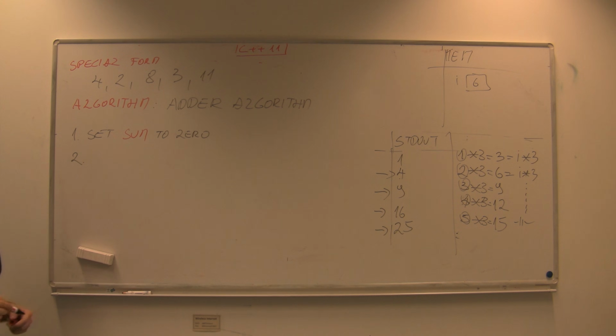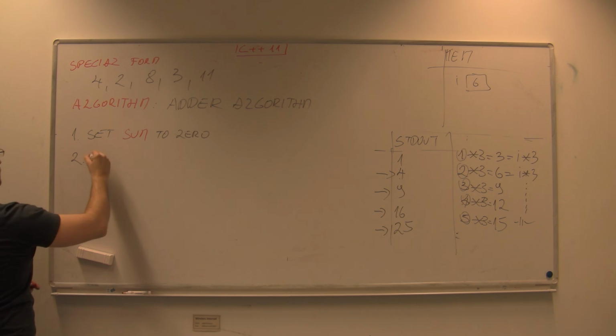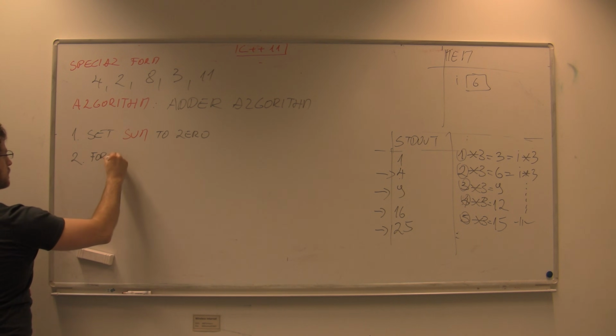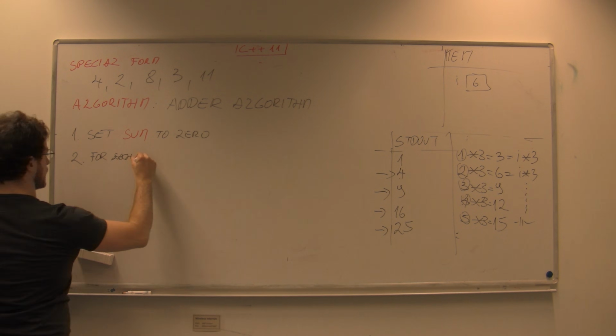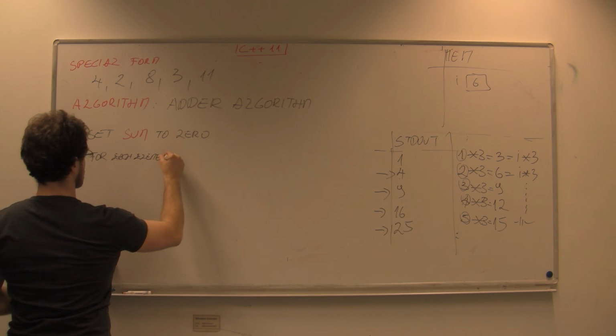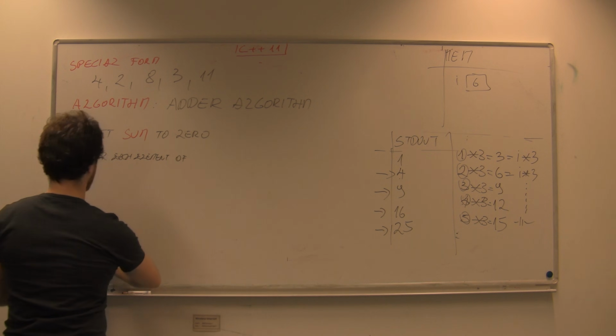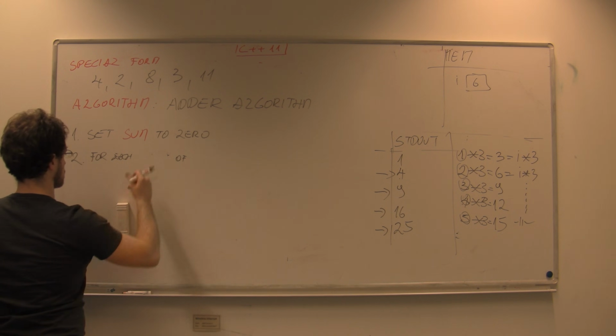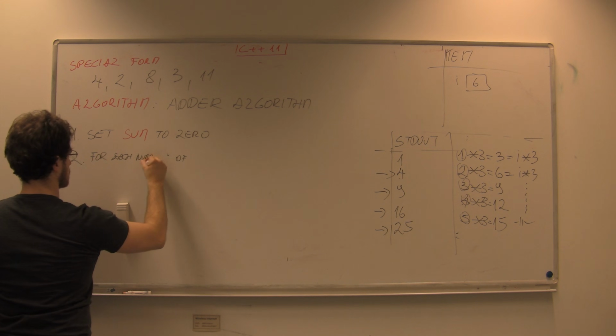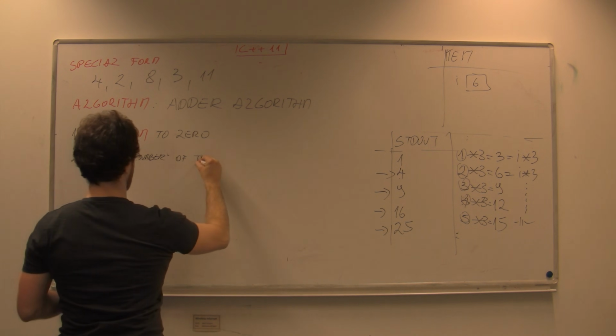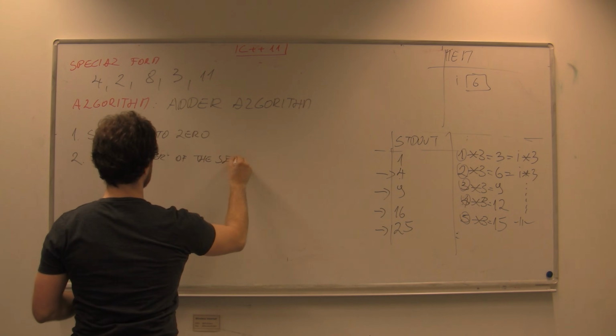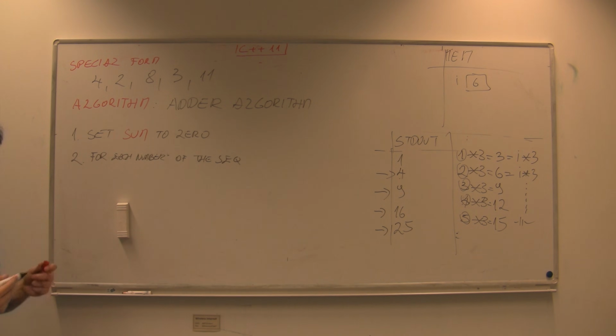As the second step of this algorithm, for each element or number, since we only have numbers, of the sequence, do this.